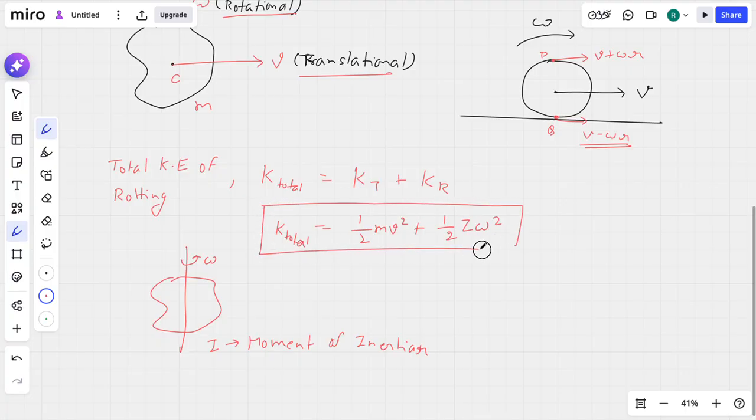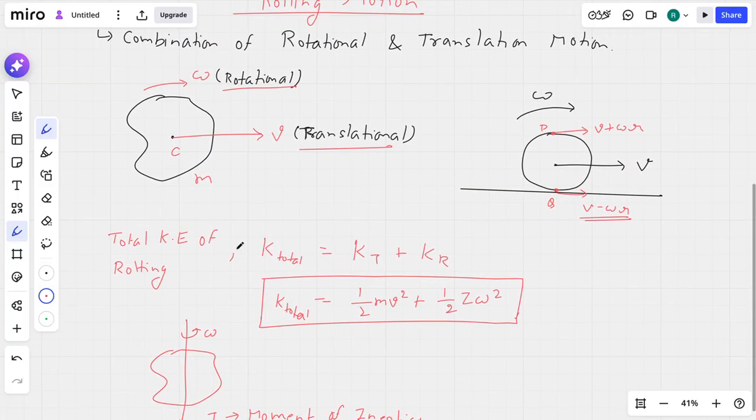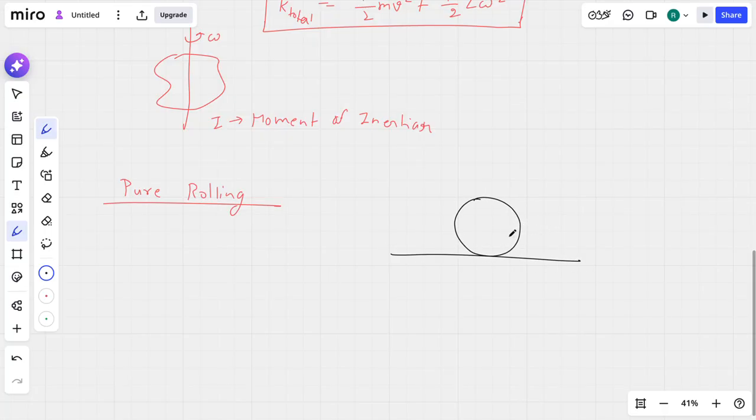Now let's move ahead. In case of pure rolling motion, let's discuss what is pure rolling. Suppose we have a rolling body whose center is moving ahead with linear speed v and which is rotating with angular speed omega. The radius of this rolling body is r.